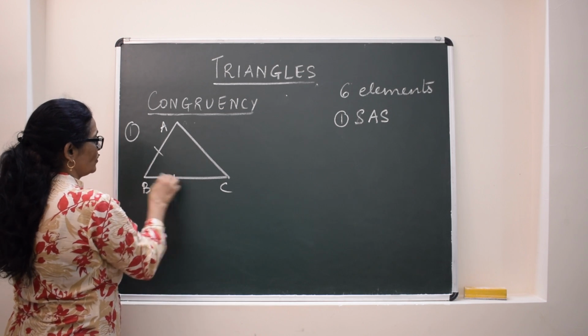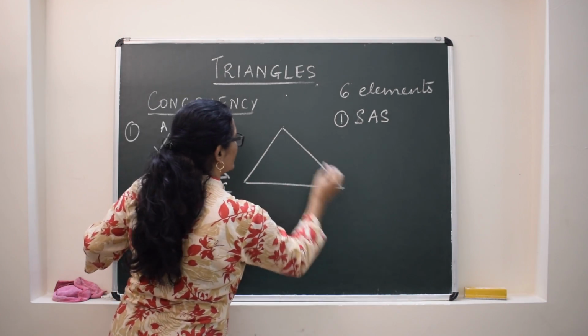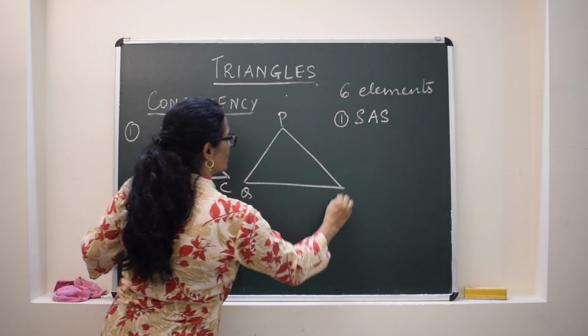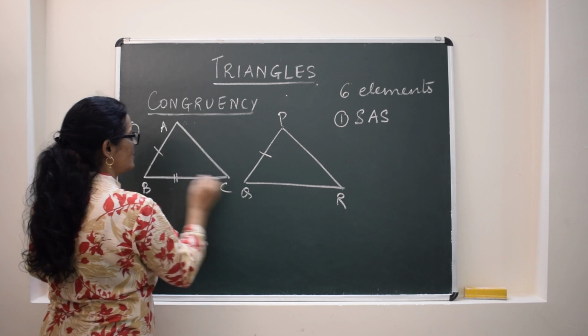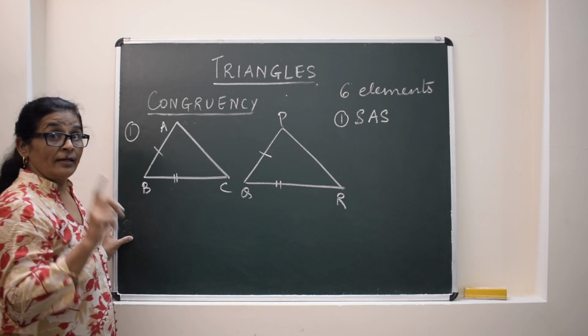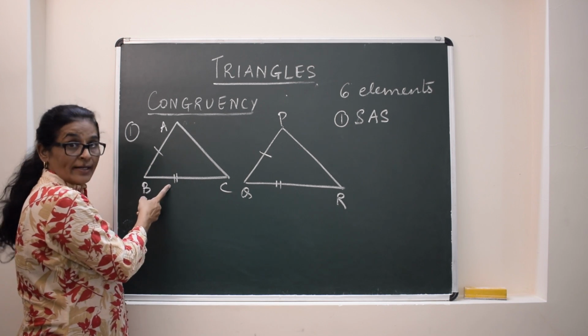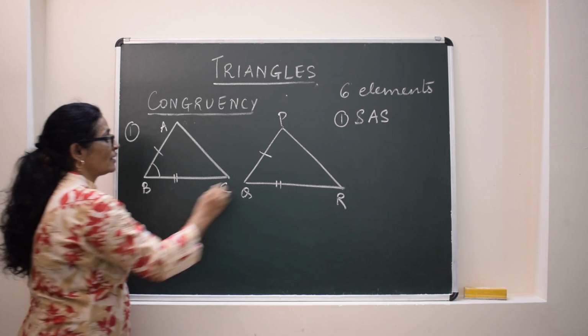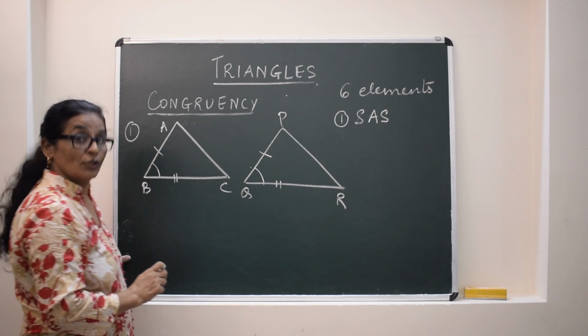If two sides of this triangle are equal to any two sides of another triangle, it means like this, and the angle included means between these two sides. So this is the must condition, that angle B should be equal to angle Q.